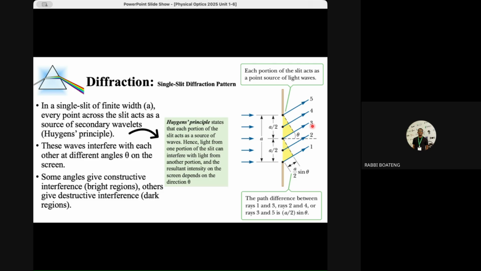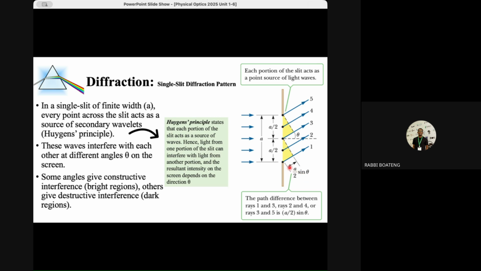Here, I am interested in finding the phase difference again. Is that okay? And if you remember from Thomas Young, the phase difference was what? D sine theta. Is that okay? Here, our theta is going to be at this angle. So if D sine theta, here it's not D again, it's A over 2. So we are going to remove the D and replace it by A over 2 sine theta.